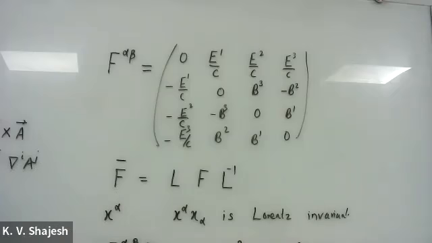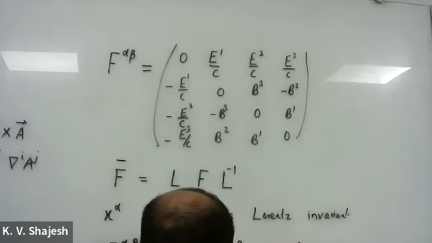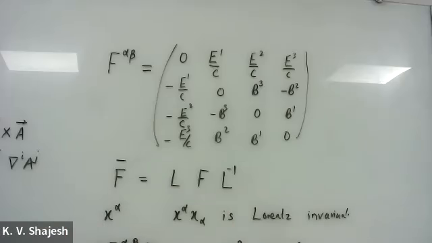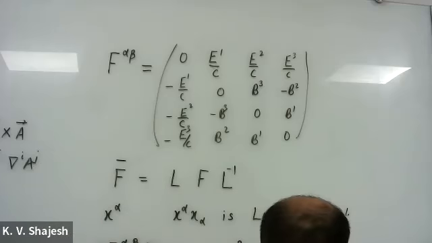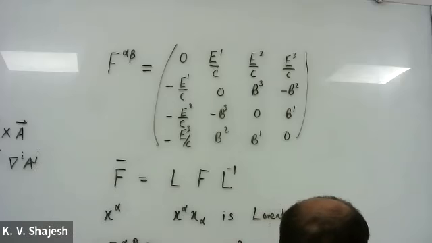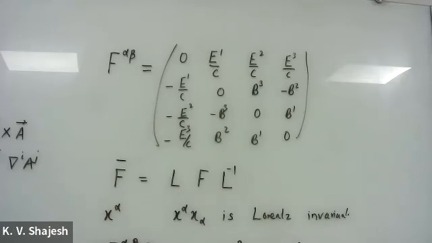And if it is in one frame, then it has to be the same in every frame. That makes sense because the plane wave is nothing but light. Light looks the same in every frame, so E is equal to c times B in every frame. So that's an invariant.